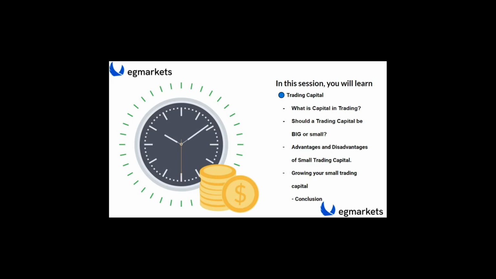If you worry, I don't want to lose this money, you will end up losing it. But when you don't worry and you are more concerned about growing your trading account, trust me, when you worry less, you have a higher chance of growing your account.